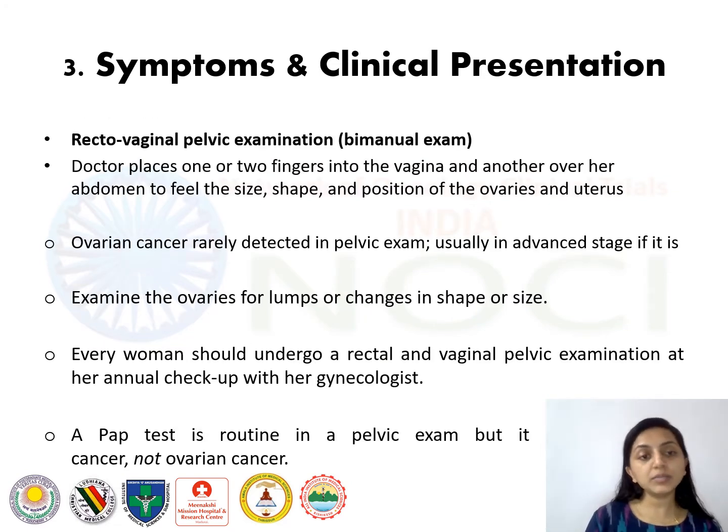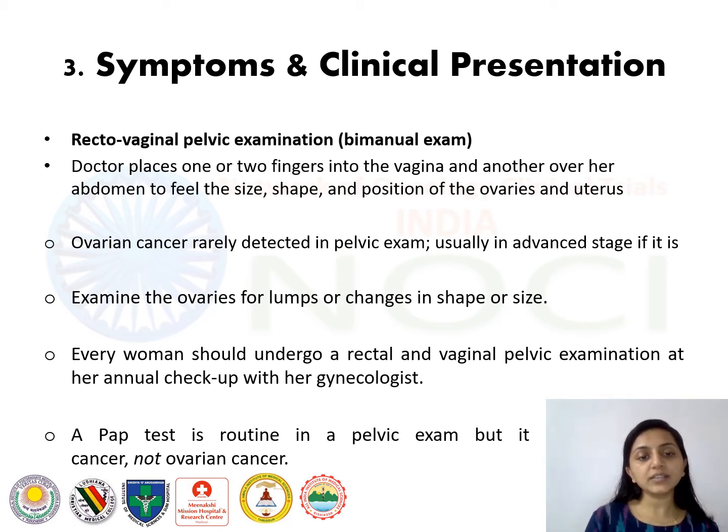When a patient comes with these symptoms, the doctor examines the patient by a rectovaginal pelvic examination or a bimanual examination. Here, the doctor places one finger into the vaginal opening and another finger of the same hand into the rectal opening. The other hand is placed over her abdomen to feel the size, shape, and position of the ovaries and uterus.